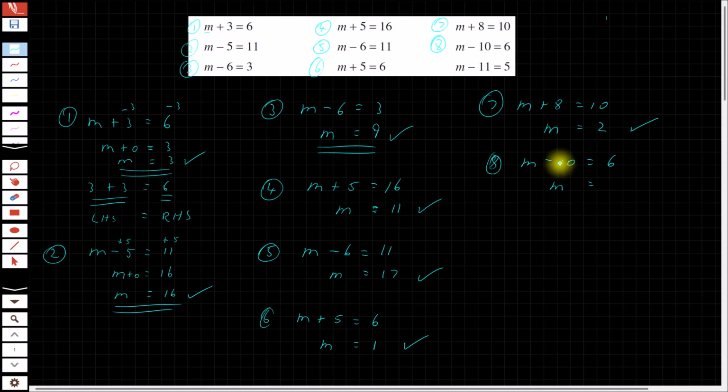We have a minus 10. We need to add 10 to get rid of that 10. We need to do the same to the right hand side. 6 plus 10 equals 16. 16 take away 10 equals 6. So this is correct.